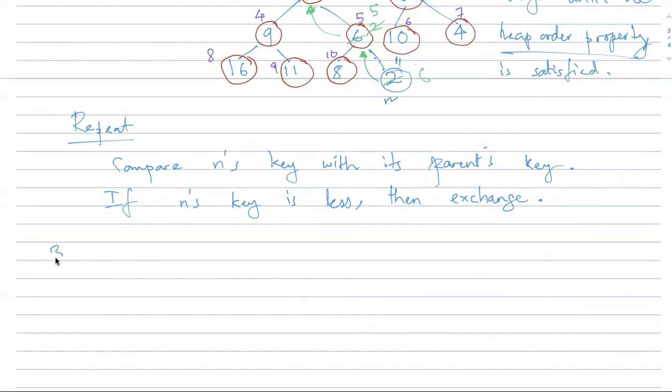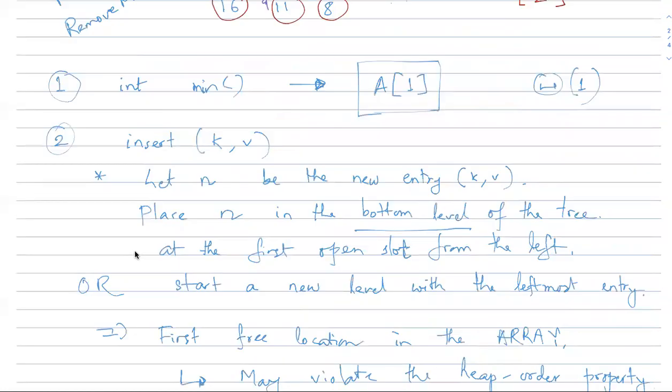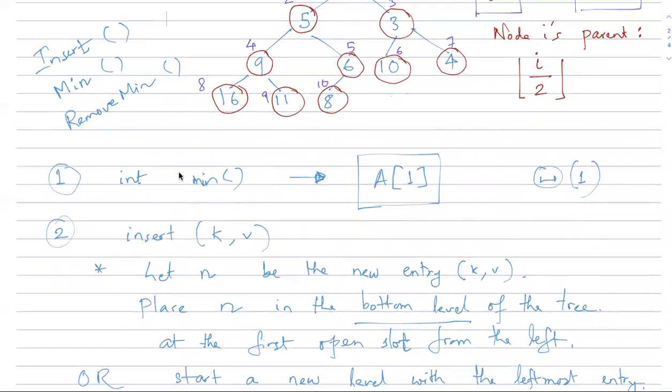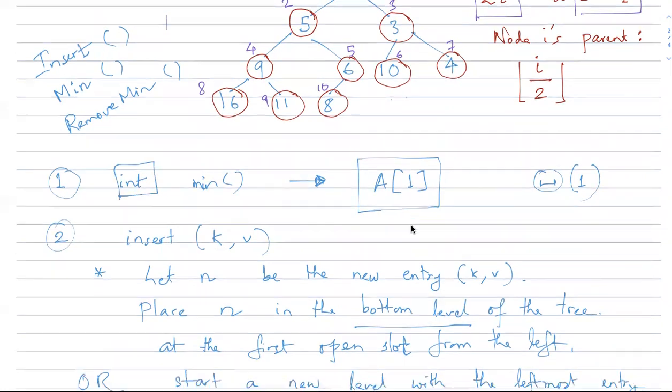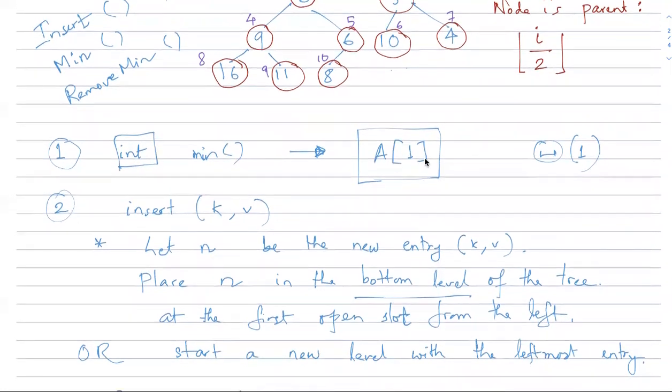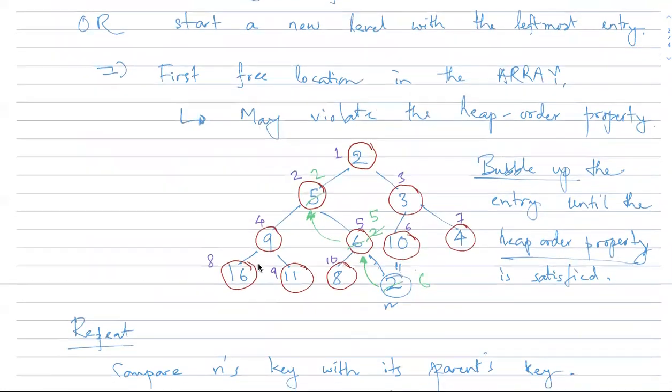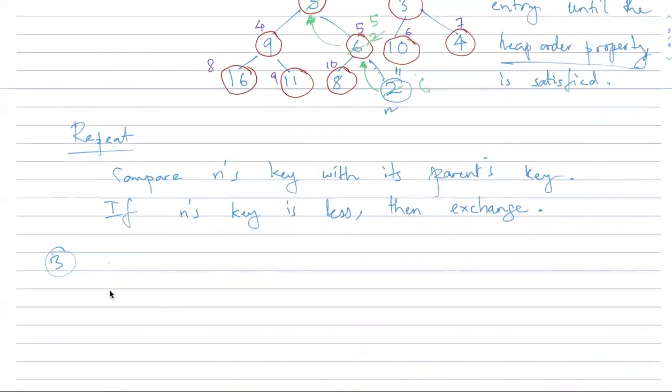Next operation is remove min. So here, the minimum value was returned, and that's about it. There was no change in the tree. But in the case of remove min, we want to be able to get the value.